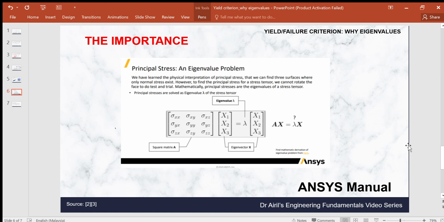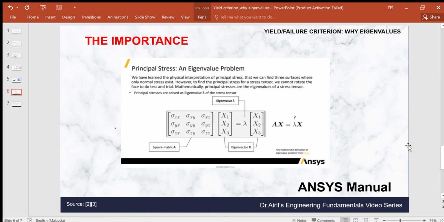To appropriately use ANSYS, of course, we need to read the manual. But as you can see here, there's a lot of fundamental knowledge we need to know before we can read the manual. So I hope the importance is now obvious.